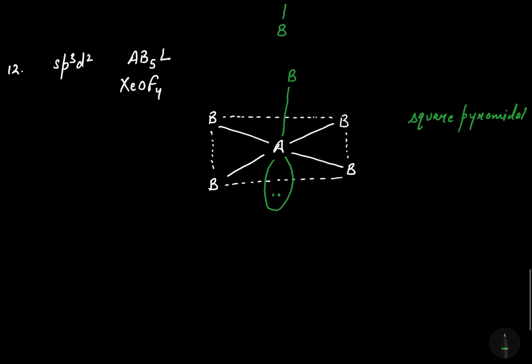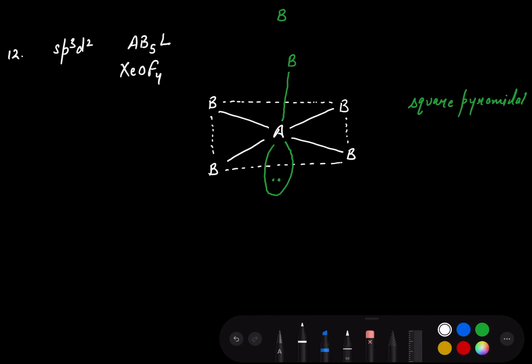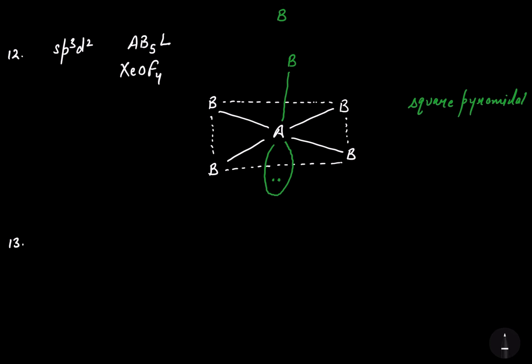Now let's talk about the next geometry, that's sp3d2 again but with 2 lone pairs. Now we are coming to the 13th. The hybridization is sp3d2 with the general formula AB4L2, and we are taking the example of XeF4.